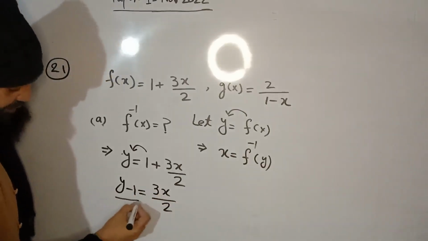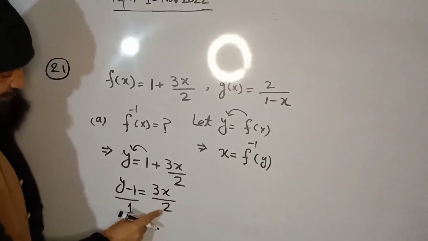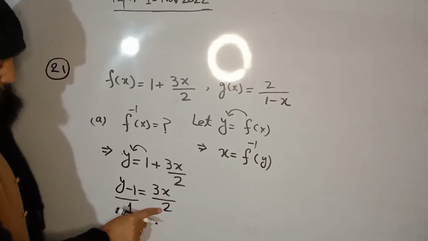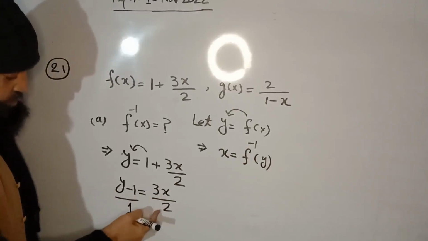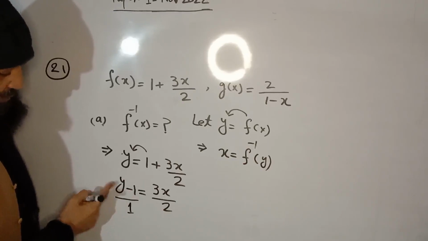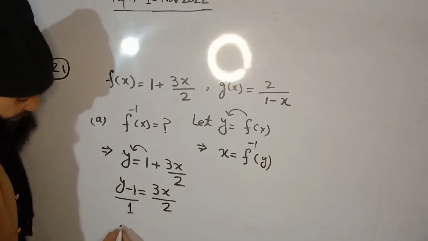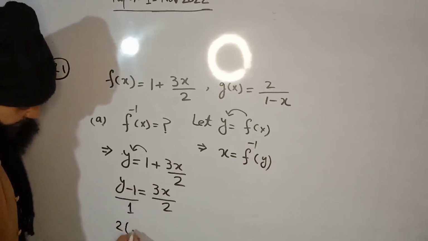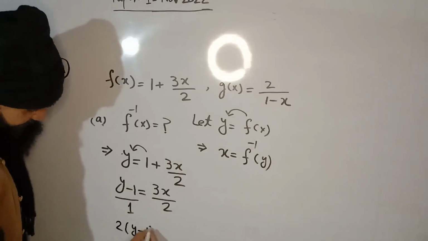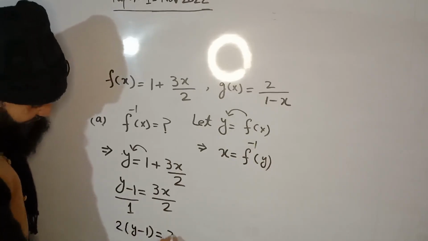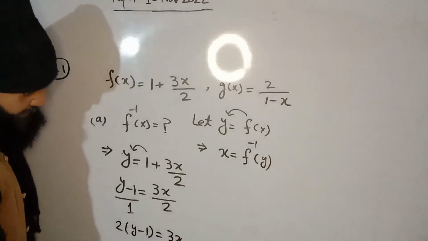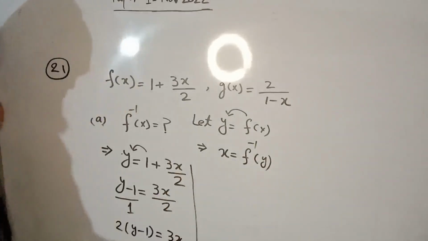Now this is y over 1 actually. If I cross multiply, then 2 will multiply with this term and 1 will multiply with 3x. So we get 2 multiplied by y minus 1 is equal to 1 into 3x, which is 3x.